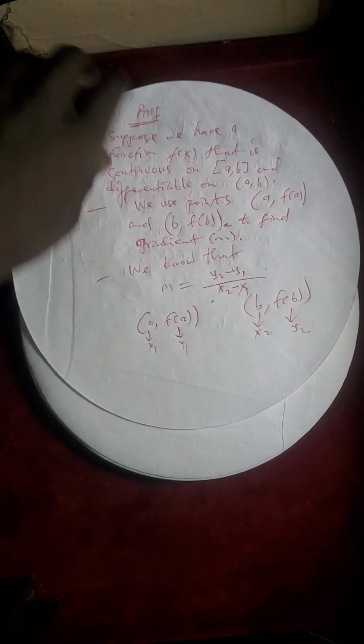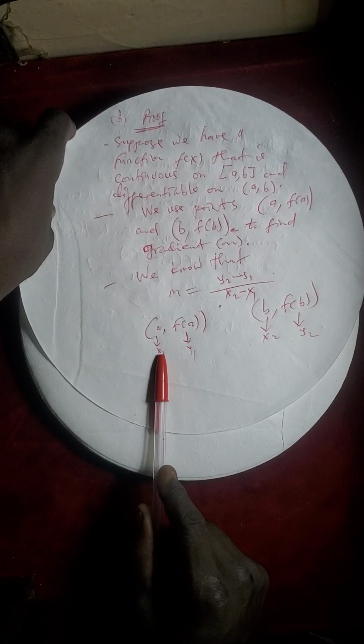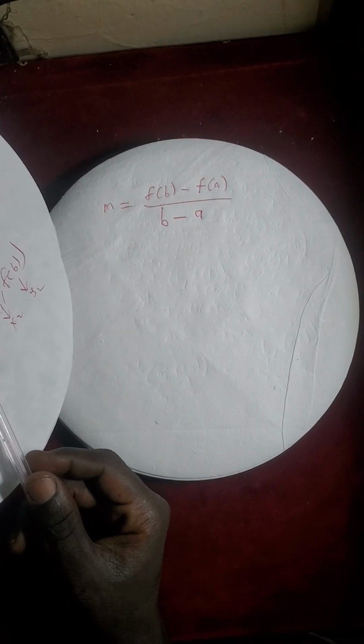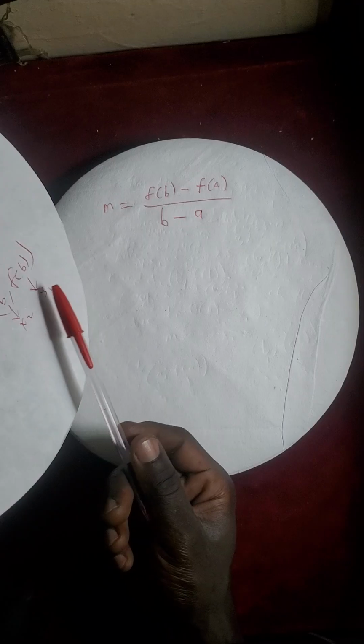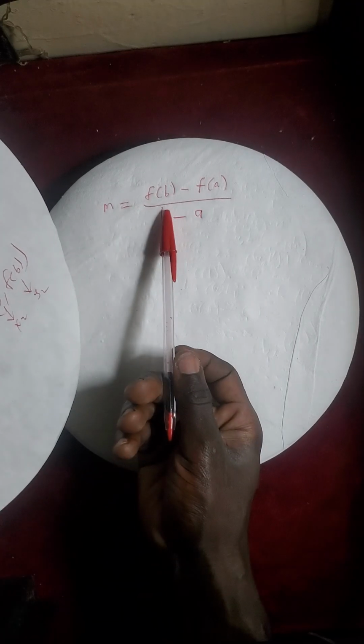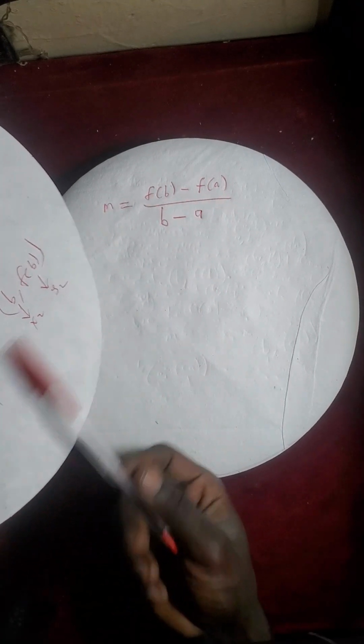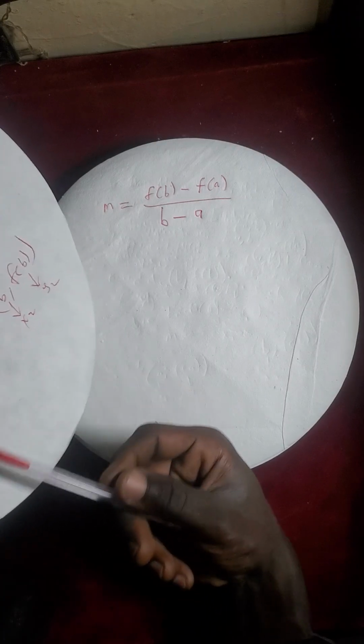I'm just referring to this. This was x1, and I've put x1, y1, x2, y2. The formula is saying y2 minus y1, that's why I've taken this one to be there minus the other one. So it's just about the formula and how you named them.